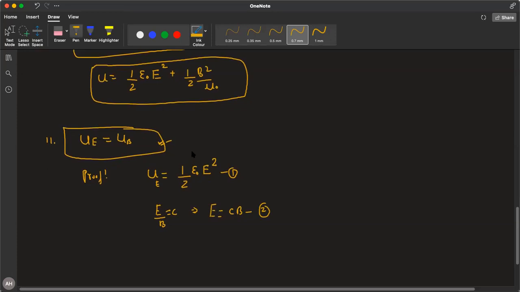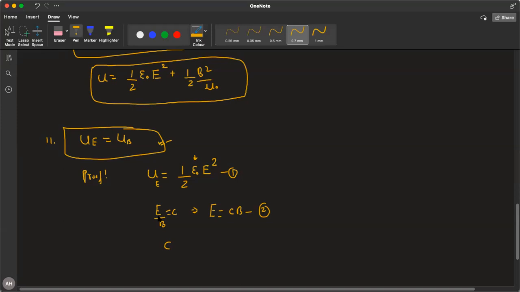Do you remember any relation between speed of light, epsilon naught, and mu naught? I'm asking about absolute permittivity and absolute permeability.